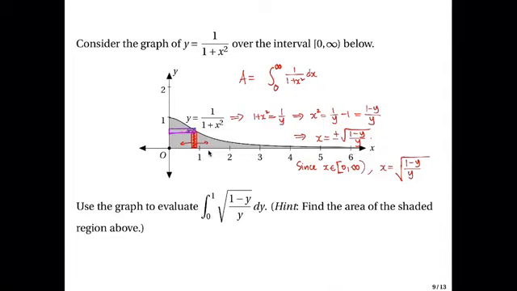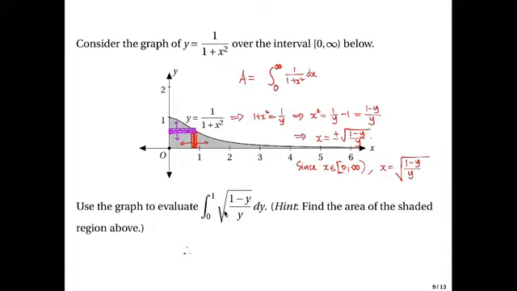And then we move this horizontal strip upwards or downwards. So the lower limit of integration will be 0. The upper limit of integration will be 1. And when you do this integral here and this integral here, they will have the same value.